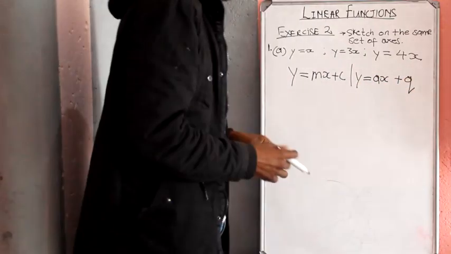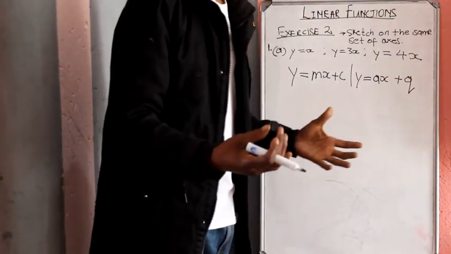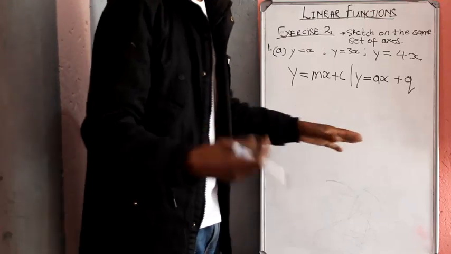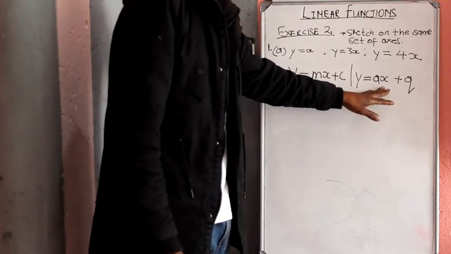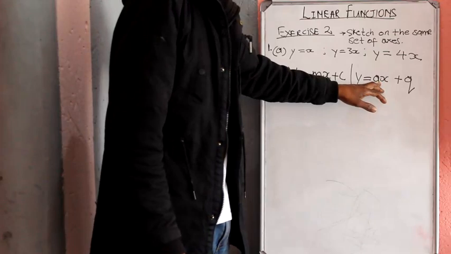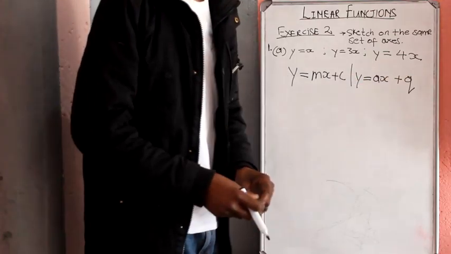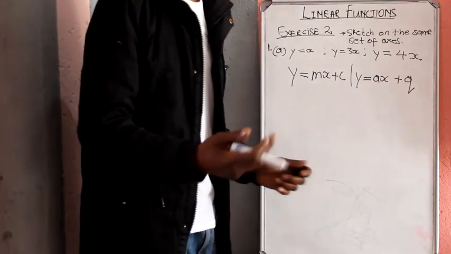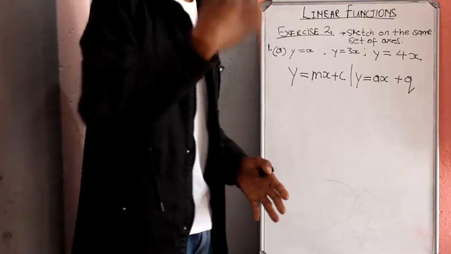q. I find it a little bit ambiguous in this fashion, because a represents quite a number of things in the functions to come in future.